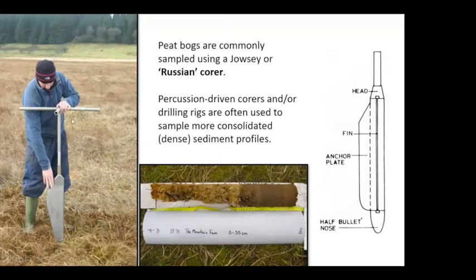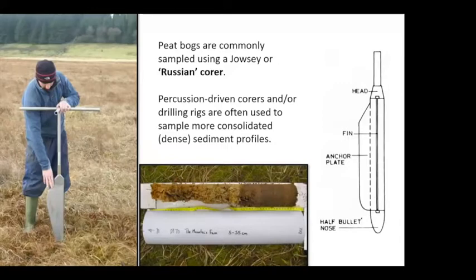There are other pieces of coring equipment that are available. People may use what are called percussion-driven corers that essentially have a modified road breaker that you hammer a metal tube into the ground, or they might even use much larger scale drilling rigs to recover sediment that is more consolidated, more dense.